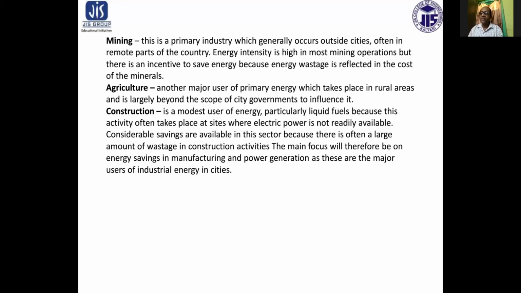Considerable savings are available in this sector because there is often a large amount of wastage in construction activities. The main focus will therefore be on energy savings in manufacturing and power generation, as these are the major users of industrial energy in cities.